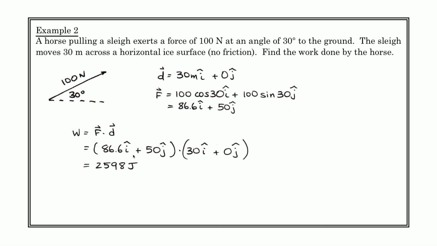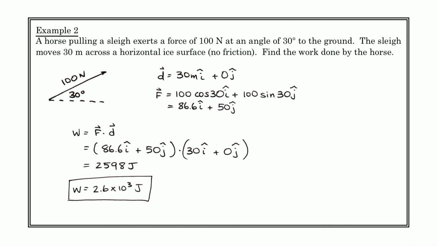So what that's telling us is that all of this force, this 50 newtons in the J hat direction, is wasted, because it doesn't do any work on the sleigh. This whole force in the J direction does nothing because it doesn't move it anywhere. Everything comes from the I hat component of the force, and we get 2,598 joules. Okay, and that's your final answer.